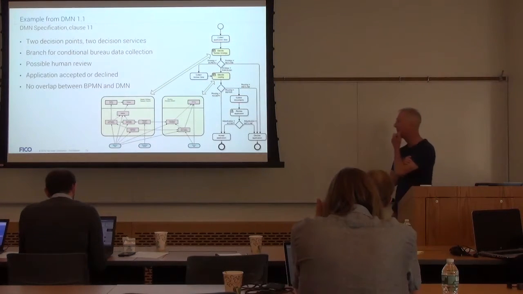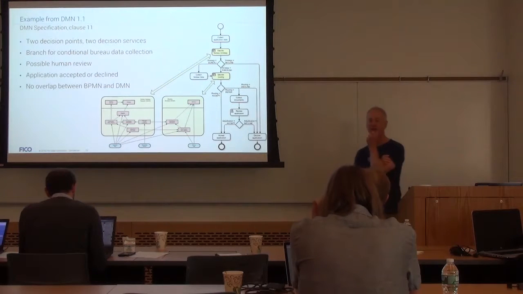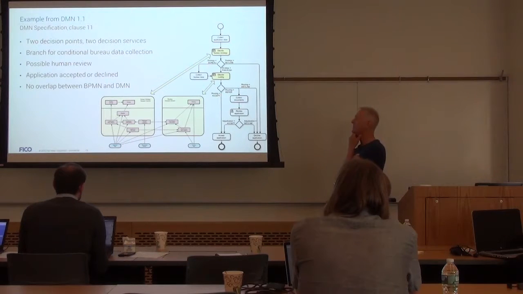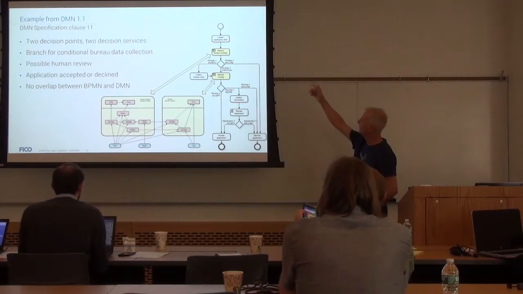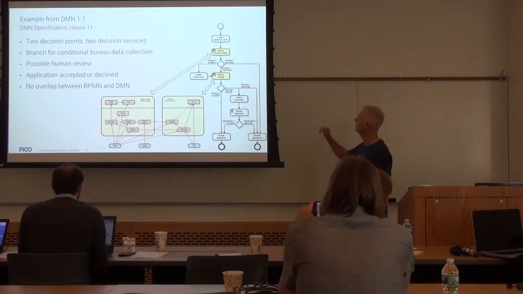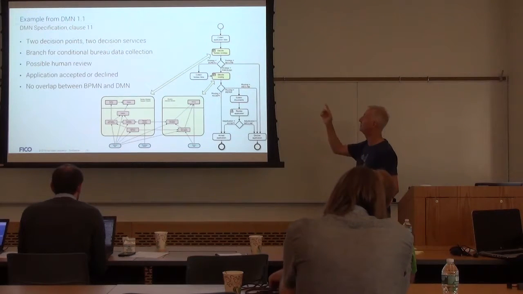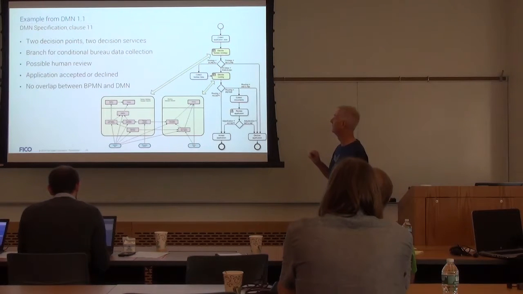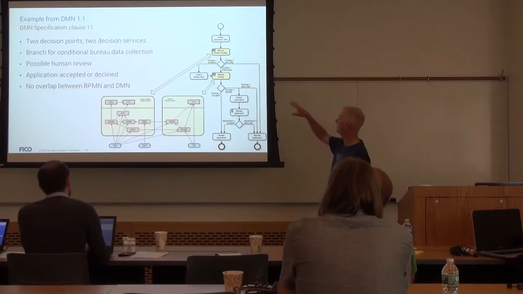This is the example at the end of the DMN spec, which is a very simple sketch of the originations process. So we collect application data from a customer. We have the first decision point there, which decides on our strategy. Should we decline them outright? Should we go to the bureau? Or should we carry on? We then have a second decision point where we decide on our affordability and so on, our possible offers.